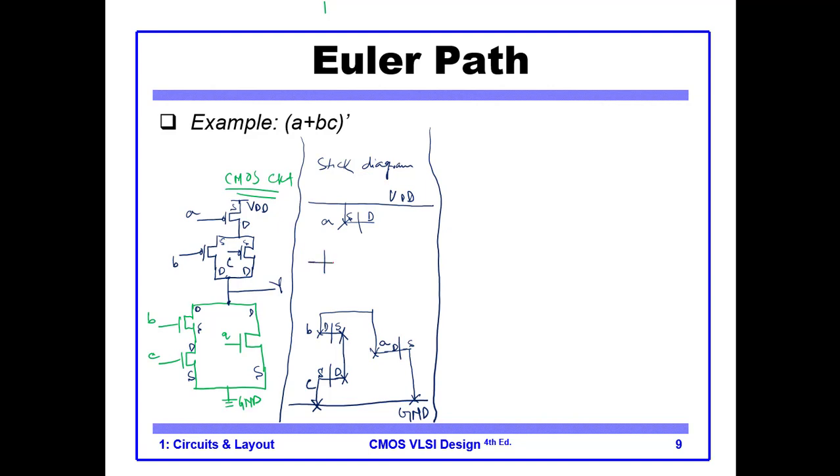So we have two more transistors, this transistor B, and this is C. Yes, this is C. So now the source of B is connected to the drain of A, so this is our source, this is our source.